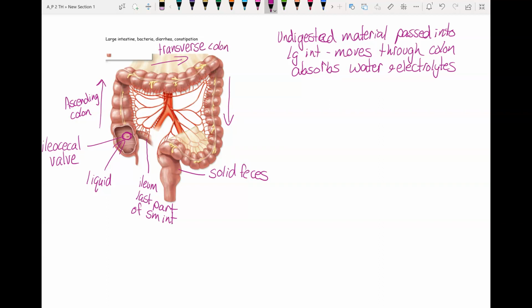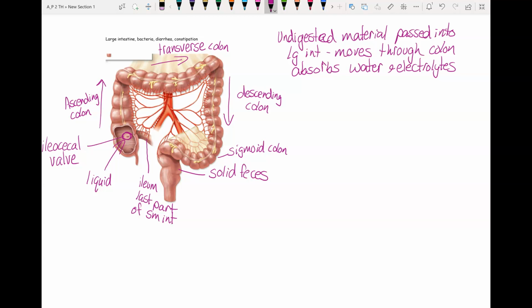Then when the material is moving down on the left, that is the descending colon, descending for down. Then this curve here is the sigmoid colon. So those are the various parts of the colon where you absorb water and electrolytes and you turn that liquid material into a solid feces.